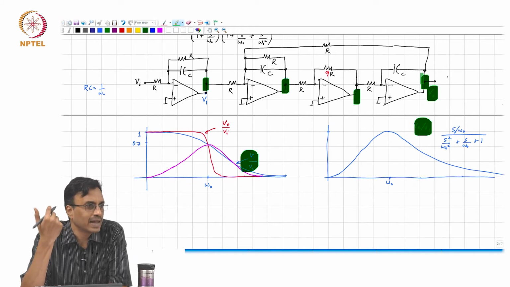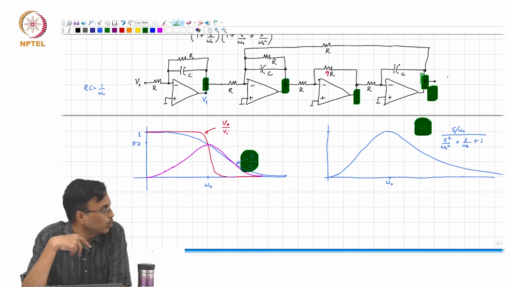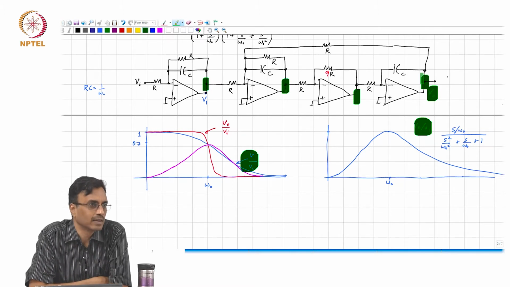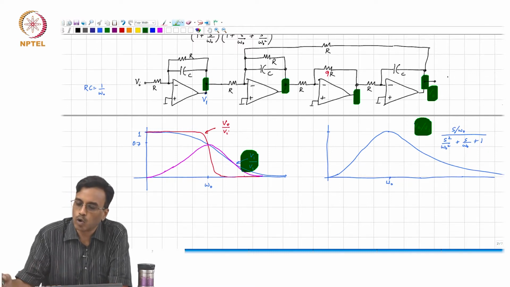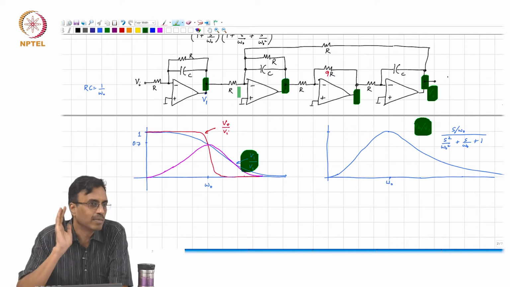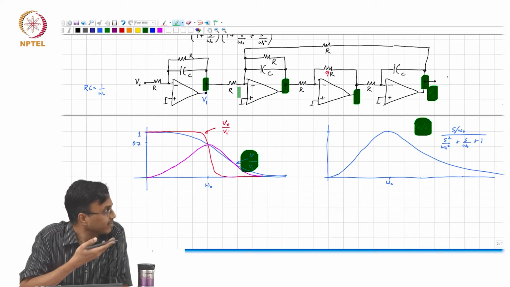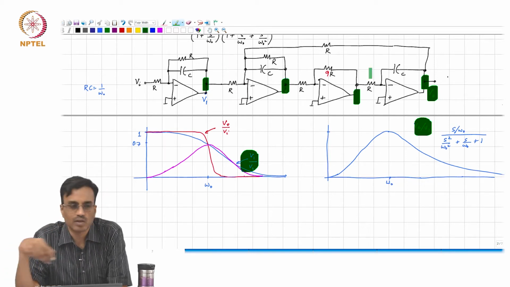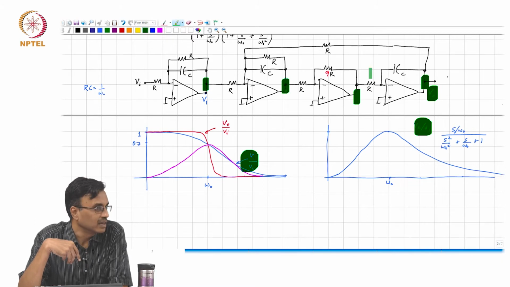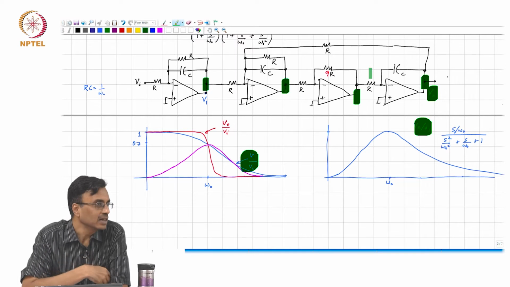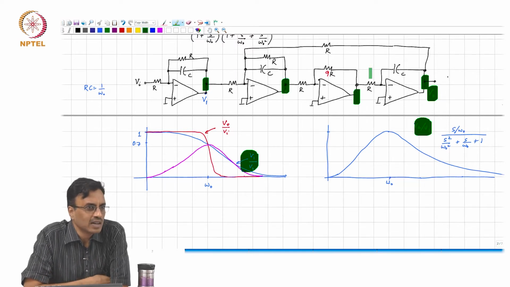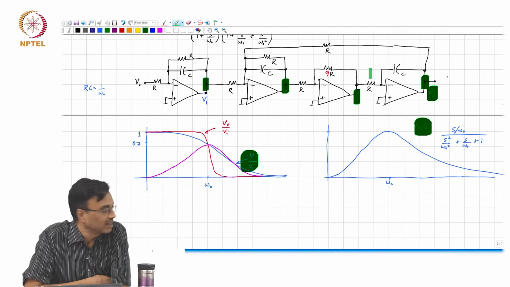So now, will that mean that the closed loop poles will move or will they remain in the same place? I am not interested in finding out where the poles are. First, tell me whether you think the biquad's omega naught and q will change or they will remain the same. They will change, correct? In fact, if you go and do the math, it turns out that the unity gain frequency, which was 1 over RC earlier, now becomes 3 over RC because this is increased by 9 times.